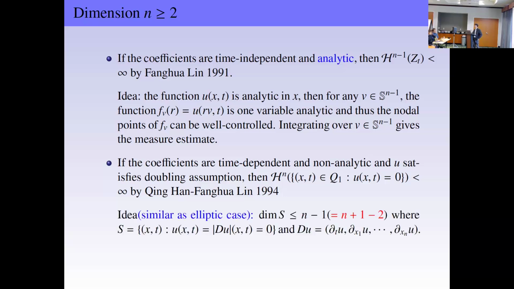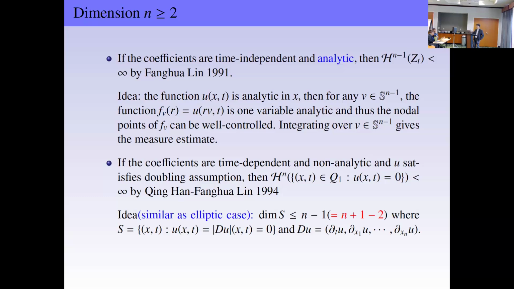Actually, their proof is similar to the elliptic case. They consider the singular set in the space-time, where S is u(x,t) = 0 and du(x,t) = 0. Here du can also include the partial derivative in t of u. They prove that the singular set has codimension 2, just as in the elliptic case.